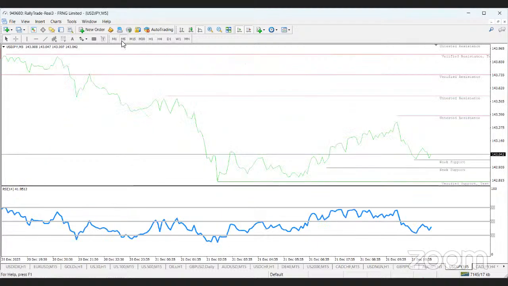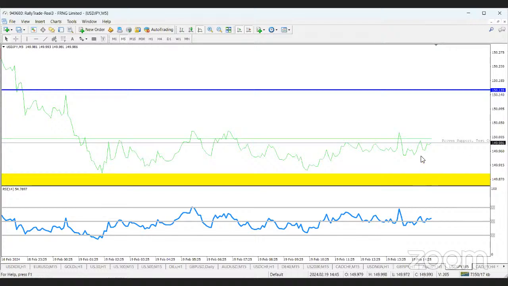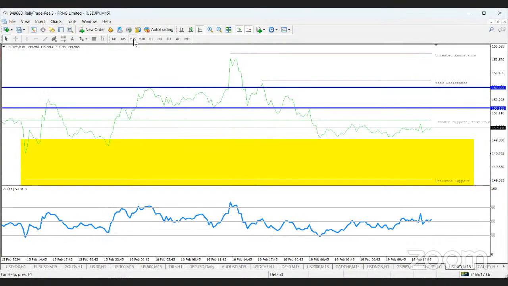If the RSI is giving us something different from what the chart is showing, that's divergence. I have checked on 5 minutes and 15 minutes. You can see that my chart is looking exactly the same as my RSI, so we do not really have any divergence right now.